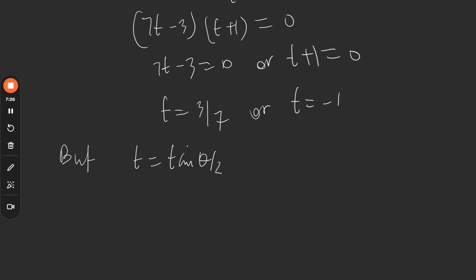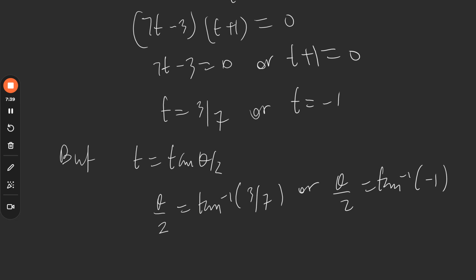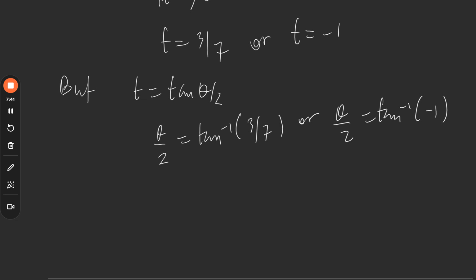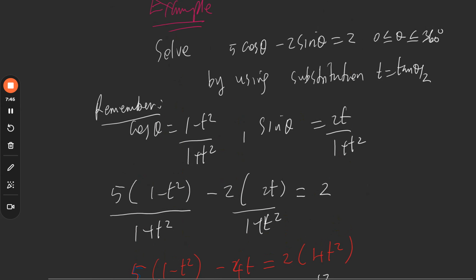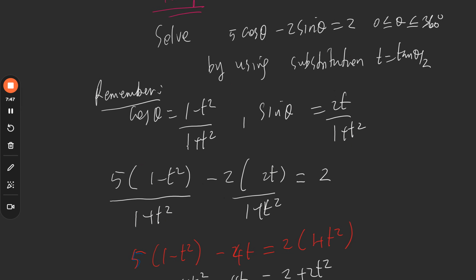So I'll be saying that theta over 2 will be tan inverse of 3 over 7, or theta over 2 equals tan inverse of negative 1. So I'll be finding all angles corresponding to theta over 2, but remember the interval, that theta is between 0 and 360. Don't forget this interval.